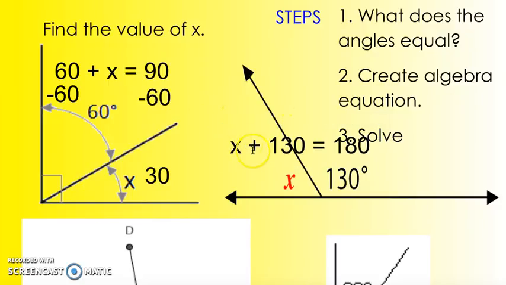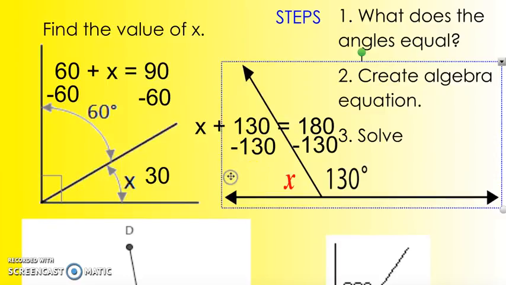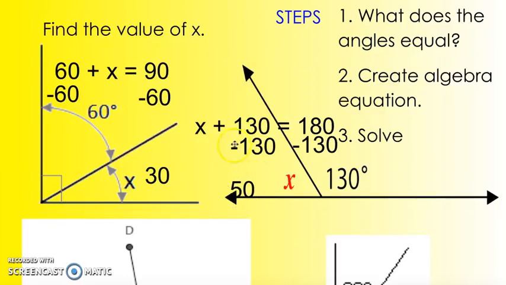The inverse of addition is subtraction, so I'm subtracting 180 minus 130, and 180 minus 130 is 50. Nice job. So my answer is 50 degrees. That's my missing angle.